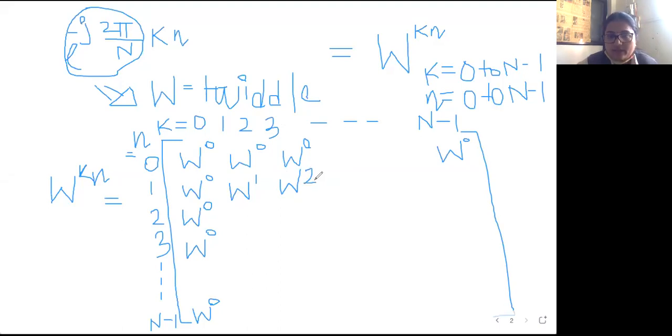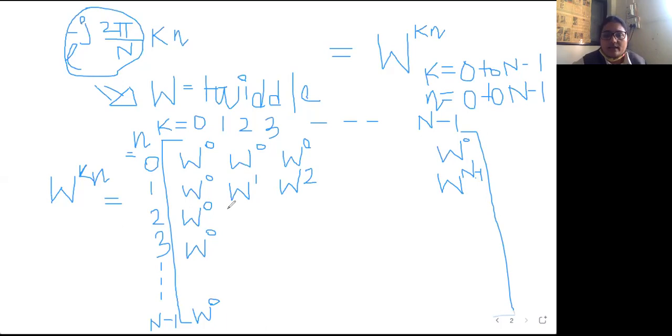Right, very nice. And what will the last value be here? The value of n will stay 1, but what has k become now? N minus 1. It is our last value, right? See, the value of n is 1, and it will constantly remain the same in this row, but our column is changing. So what is the last column value? N minus 1. So what we will write here is 1 multiplied by N minus 1. Ultimately we will get W raised to N minus 1. So this will be my last value in this row, right?